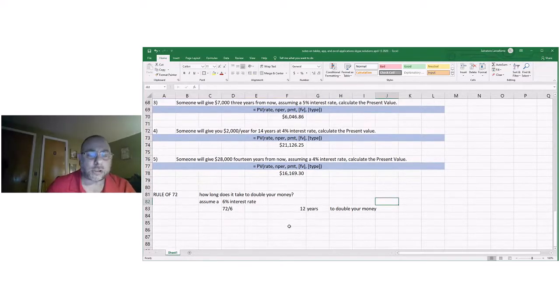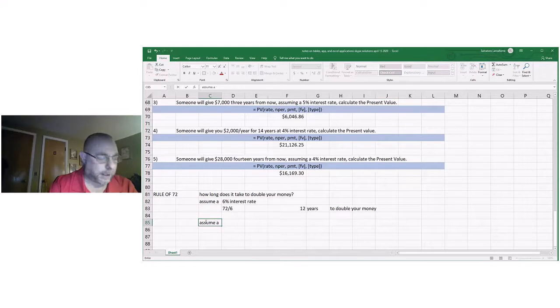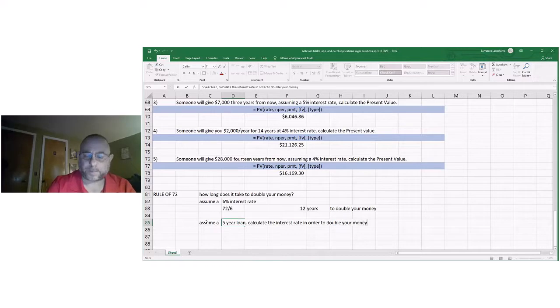What if you wanted to find the appropriate interest rate? Right? So what if, assume a 5-year loan, calculate the interest rate in order to double your money.